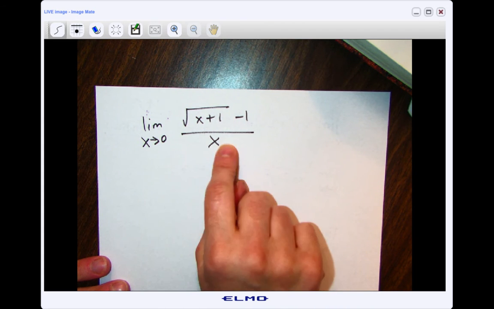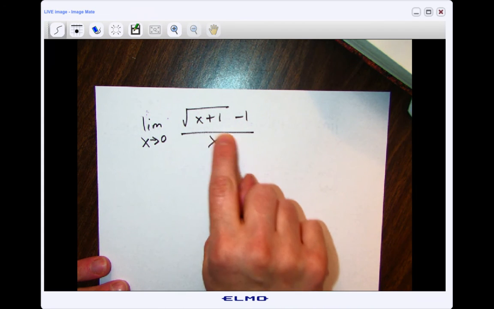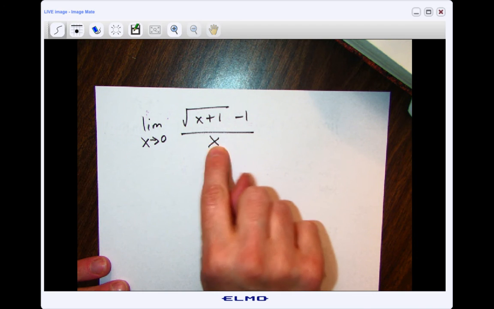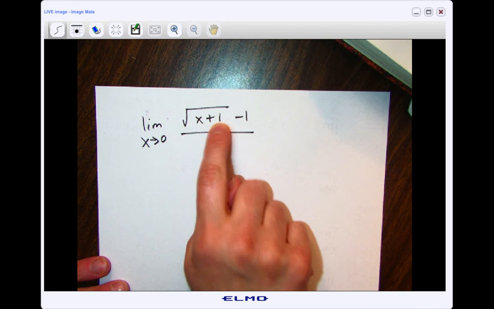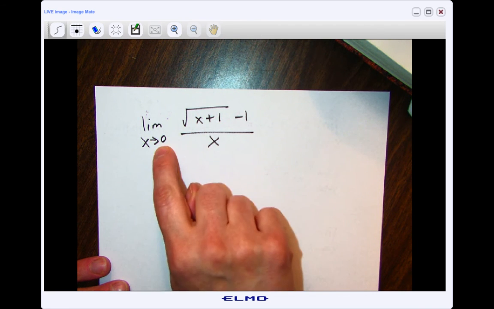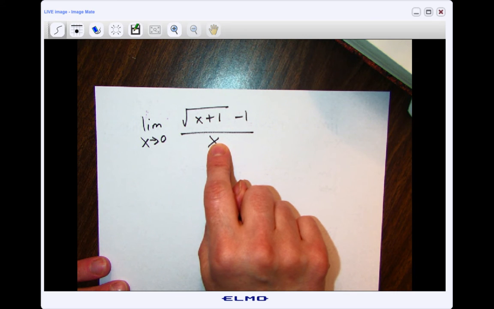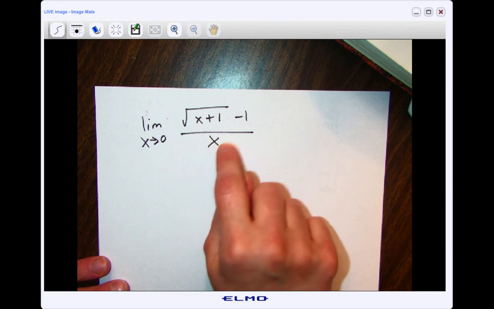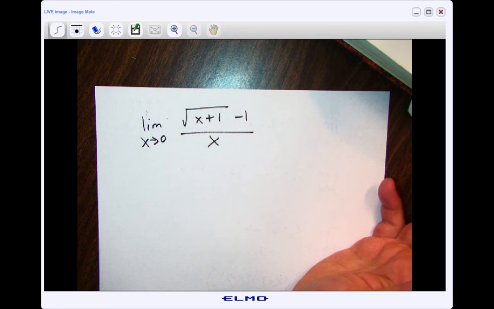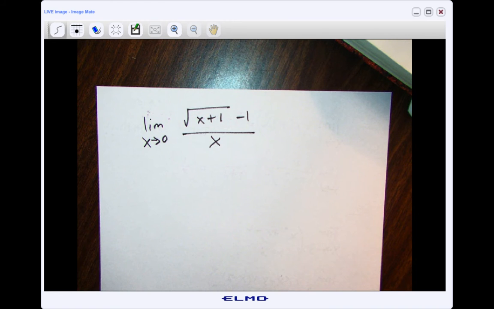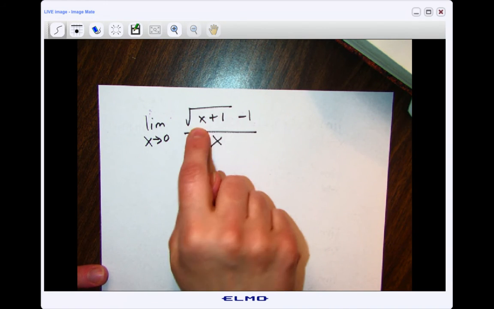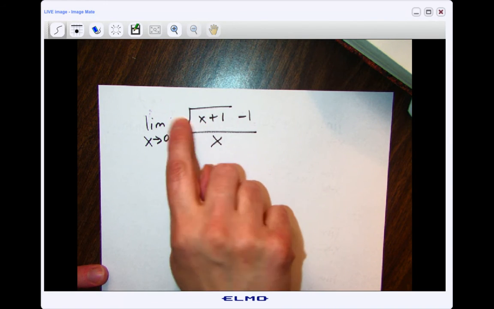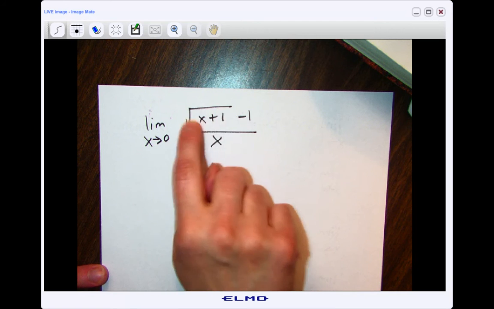But in this case, this is the thing that's causing the problem, right? This is the reason I can't put a 0. I could put a 0 in here and that would be fine. But this x is the reason why I can't just use direct substitution to find this limit. So I need to find some way to cancel this x out, because that's really the only way to get it to disappear in a fraction, is to divide it out. I can't divide it with this guy on the top right now because this guy on the top is inside of a grouping symbol, so I can't really get at him.